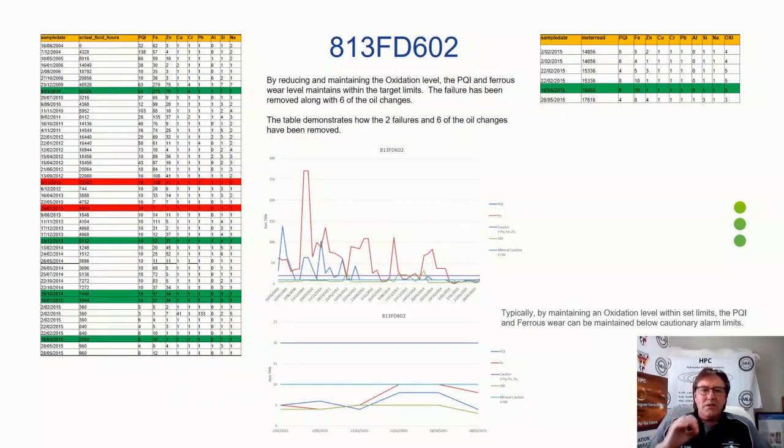So we looked at some of the governing limits or alarm alerts, sorry, and we found the oxidation level. If we were maintaining an oxidation level below where we were sitting at this moment in time, and here we're talking about keeping it below a 5, then we were finding ourselves in a better position to get oil lubricant life, to be able to minimize our wear by oil degradation.